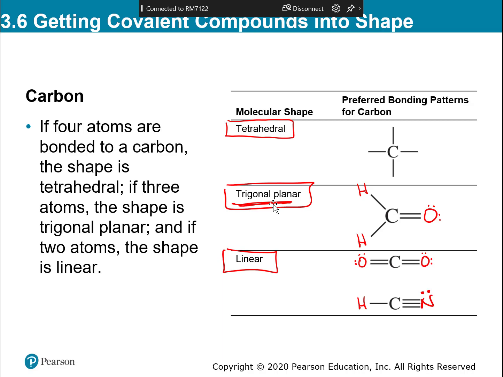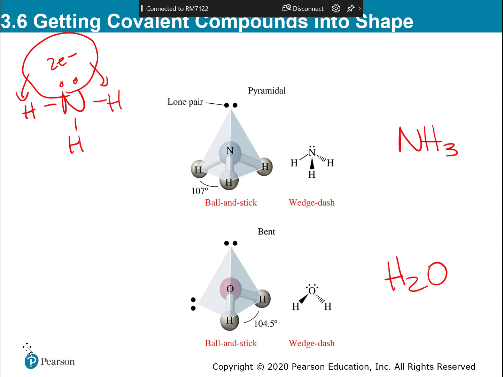Those 3 get as far apart as possible, like a little triangle. But if I look at ammonia, NH3, that's not the case. They can't get as evenly flat and far apart because the non-bonding electrons repel the hydrogen bonding, and that creates a pyramid. So they call that a pyramidal shape.